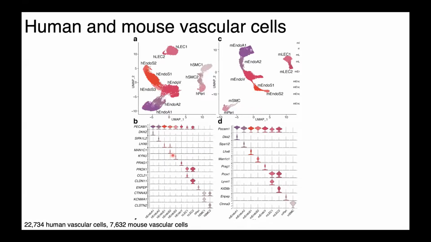And we were able to identify similar marker genes for these populations in both. I did do mapping for all of these, but I just realized that I didn't put them in the presentation. So I'm sorry. But overall, what we see is that the mouse populations and the human populations at the vascular level map very closely to one another, suggesting that we're seeing very similar vascular cell types in both species.